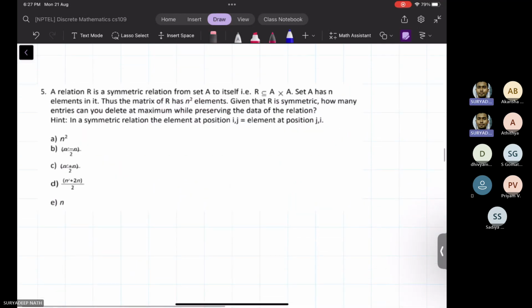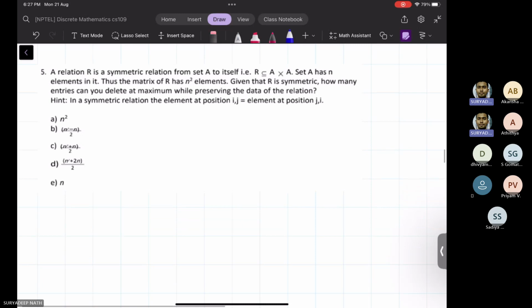Okay, coming to the fifth question. A relation R is symmetric relation from set A to itself. So R is a subset of A cross A. Set A has n elements in it, thus the matrix of R has n square elements. Given that R is symmetric, how many entries can you delete at maximum while preserving the data of the relationship?